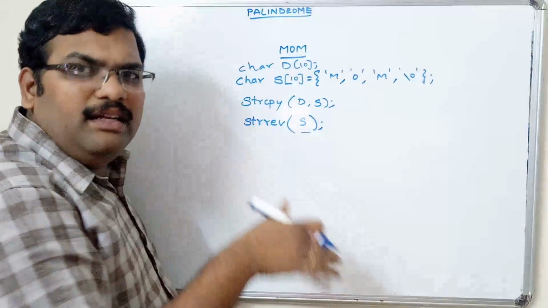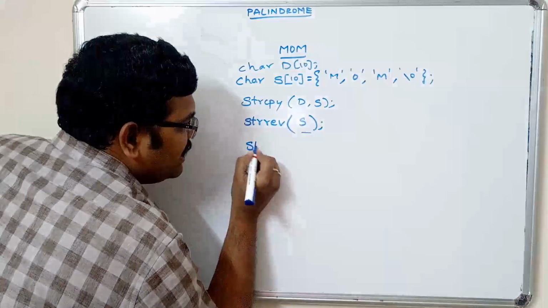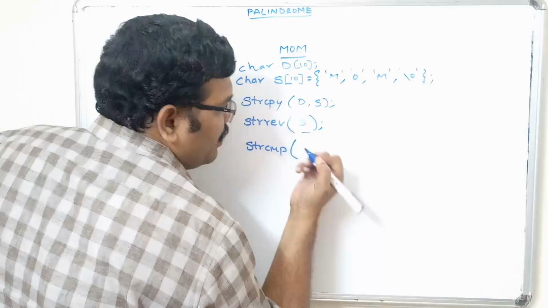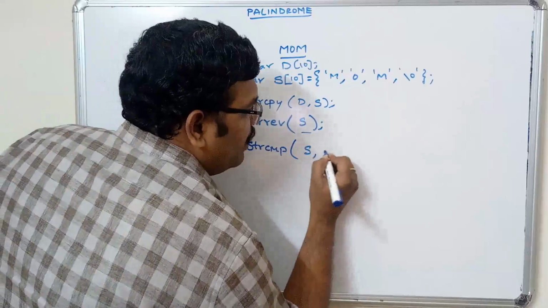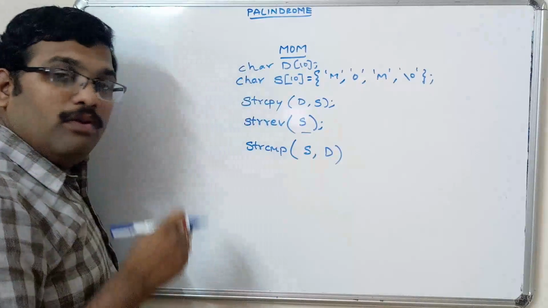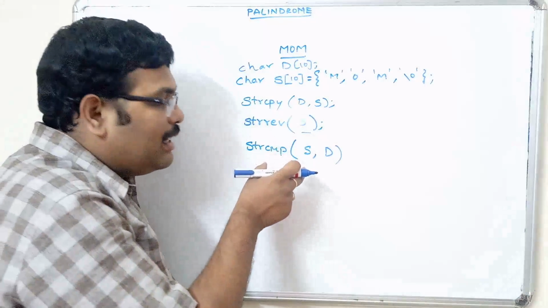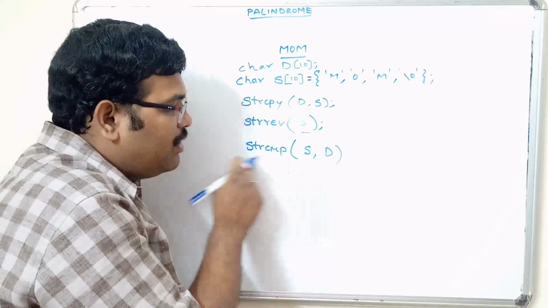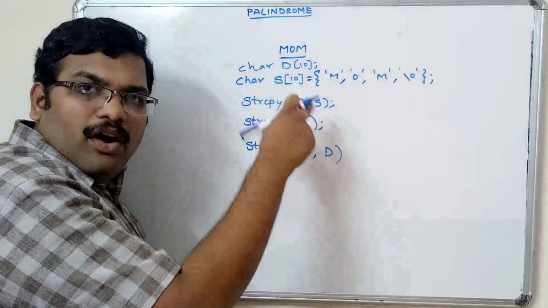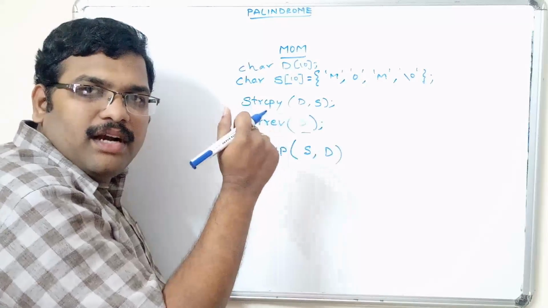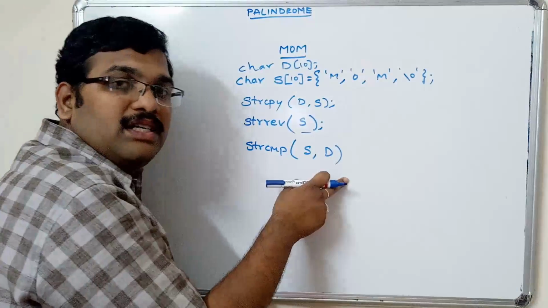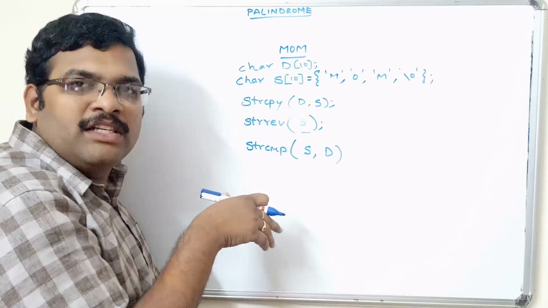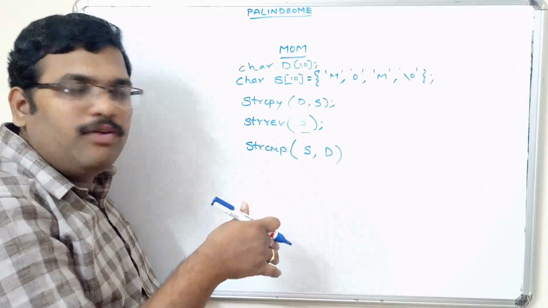We can apply the string handling function strcmp, string compare, S comma D. As we have discussed in the previous sessions, all these string handling functions, this string comparison function will give the result as either 0, 1 or -1, I mean a positive value or a negative value.